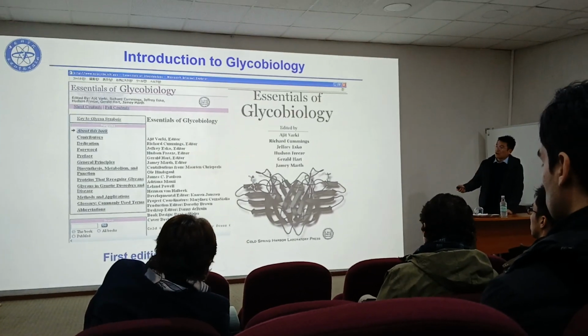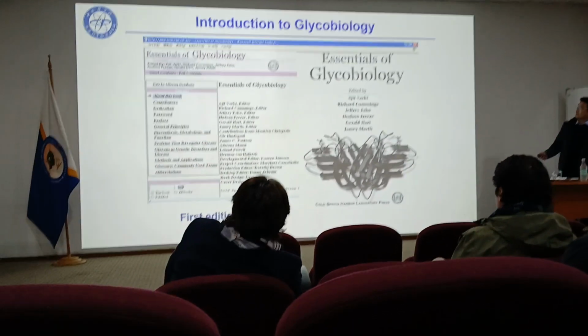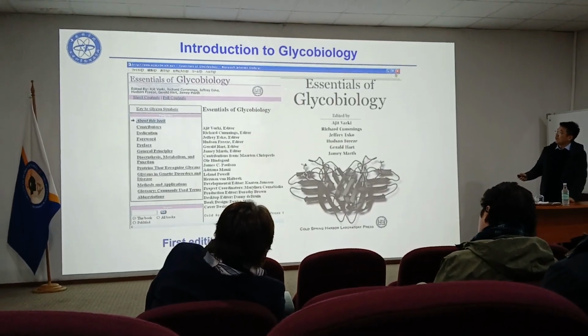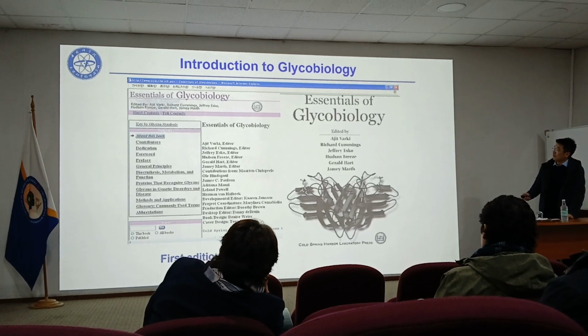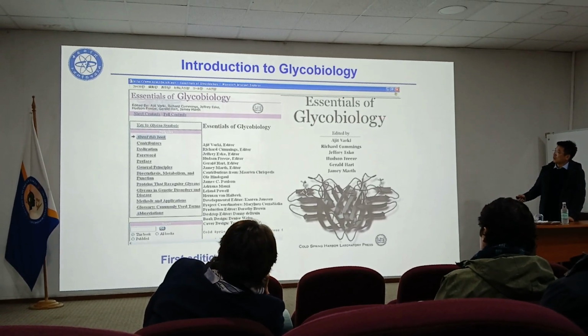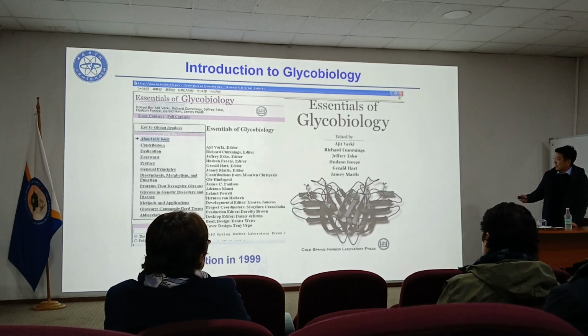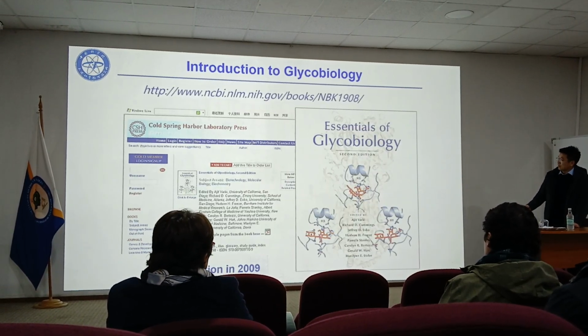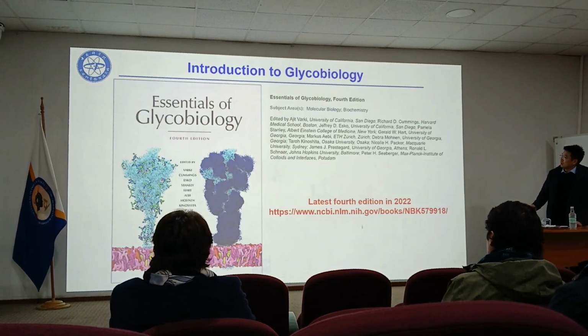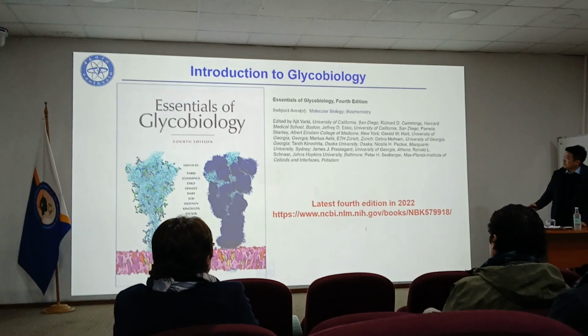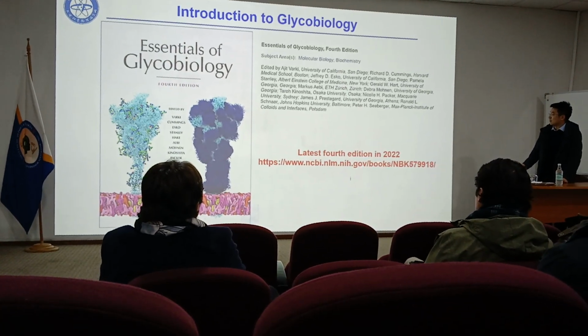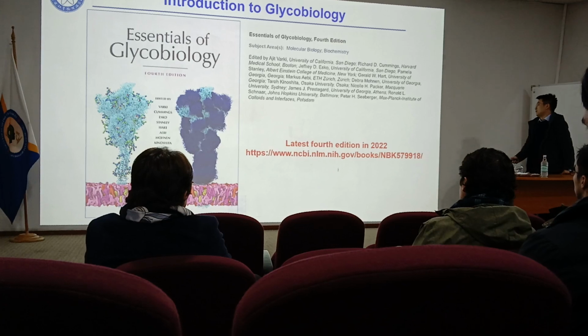Also, glycobiology information can be learned from this good book, The Essentials of Glycobiology. The first edition was in 1999, then the second, the third, and now the fourth edition in 2022.